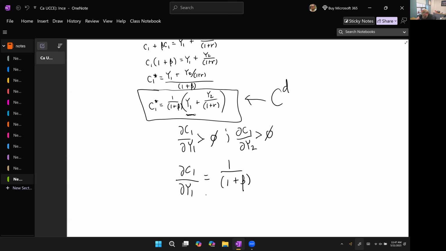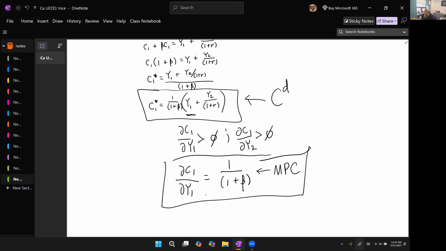So again, if I take the derivative of my consumption function, C1, with respect to Y1, it's 1 over 1 plus beta. This is marginal propensity to consume.